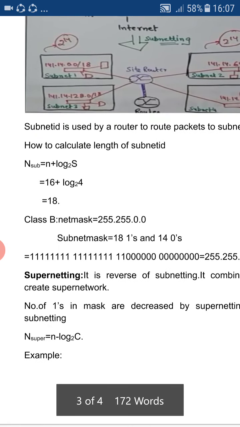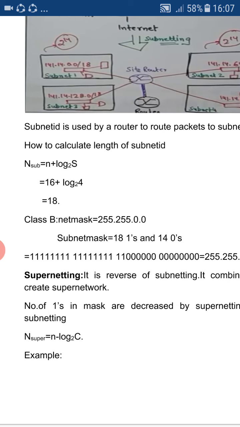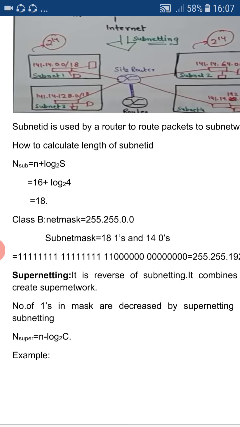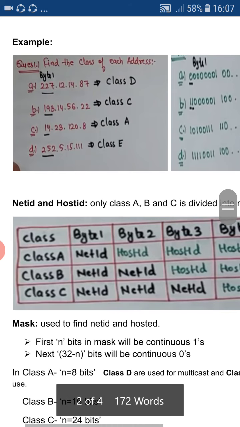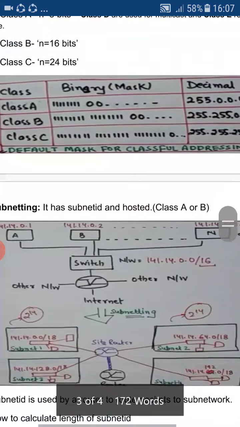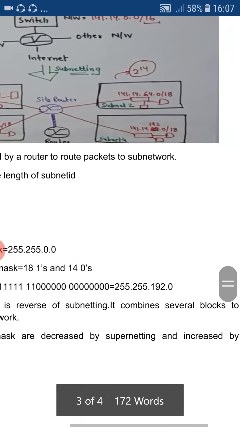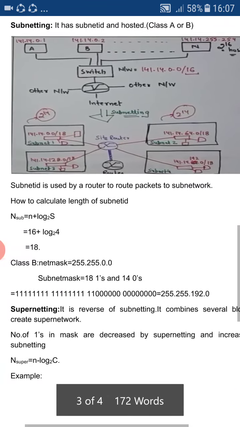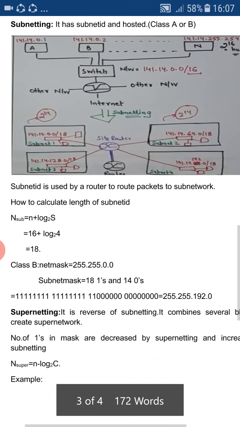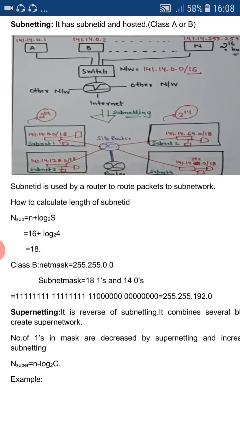According to that, the first byte is all 1s, the second byte is all 1s, and in the third byte, instead of all 1s, we have the first two 1s and the remaining 0s, and the last byte is 0. So the decimal representation of the first byte is 255, the second byte is 255, the third byte is 192, and the last one is 0. Here the mask changed. Initially in the mask there were 16 ones and here there are 18 ones. So in subnetworking, the number of ones increases.